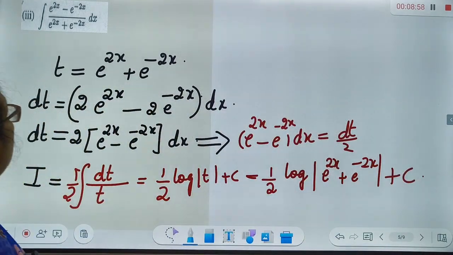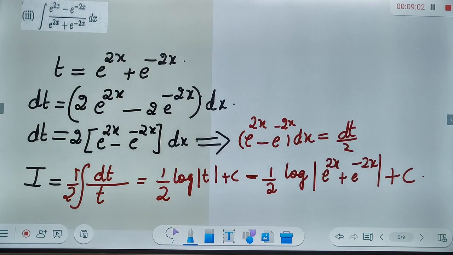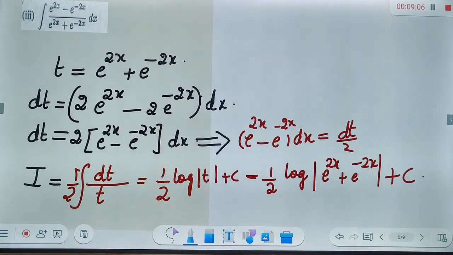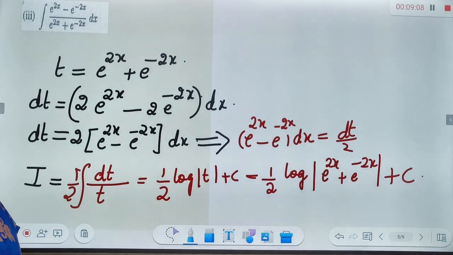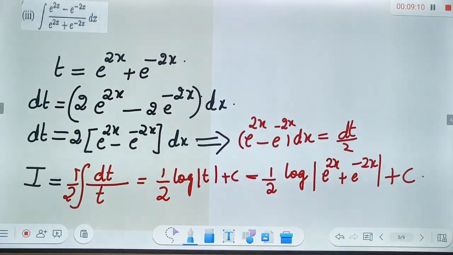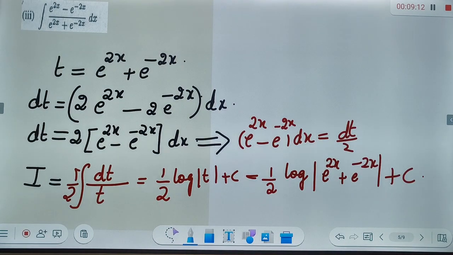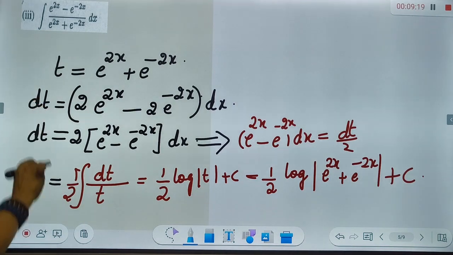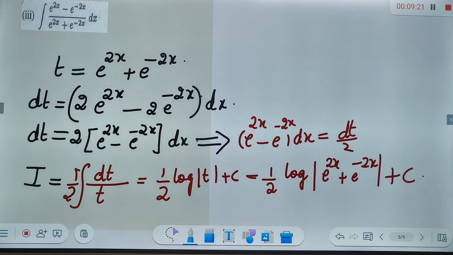So I have taken the denominator as t, and the numerator is the derivative of the denominator. Whenever the numerator is the derivative of the denominator, it reduces to the form 1 by t dt, which is log mod t plus c, where t is nothing but the denominator. So here you recognize that the numerator is the derivative of the denominator. That is the crucial point that you need to observe and then use the technique of substitution. Is it clear?